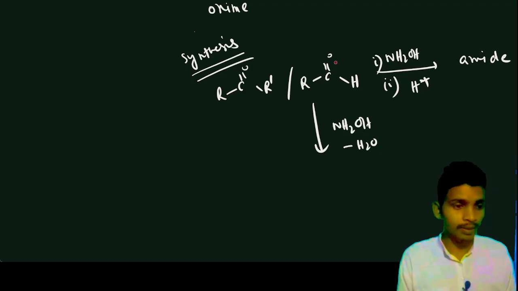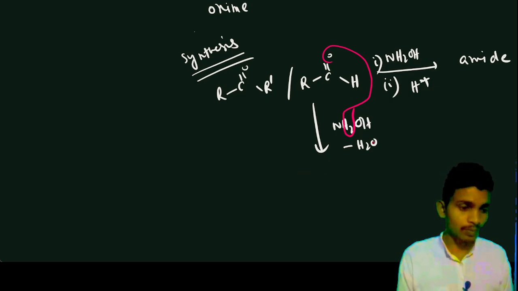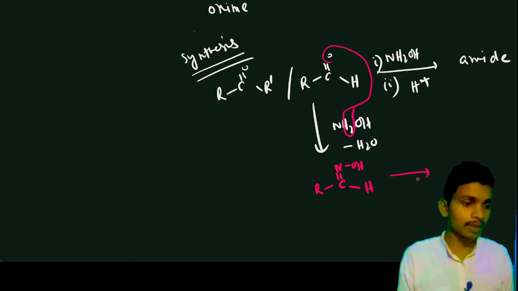So this O and this H will be released as water. So what we will get here is R, C, N, then this OH, then this H. Now after that, if you get H plus, then we will get the amide group.